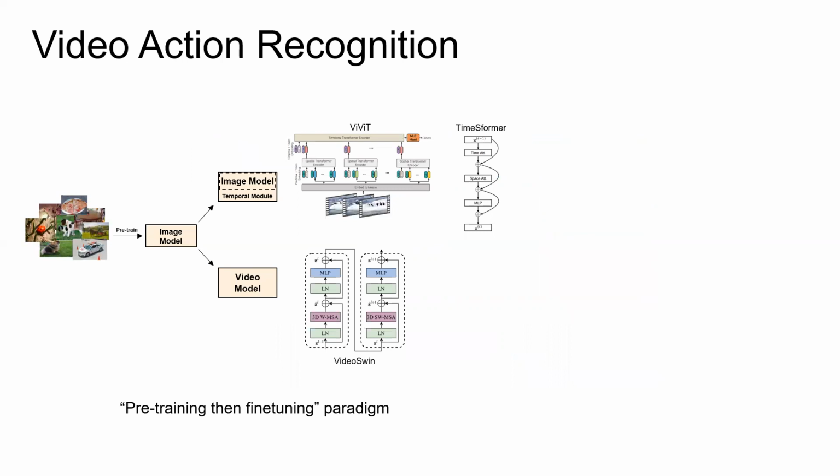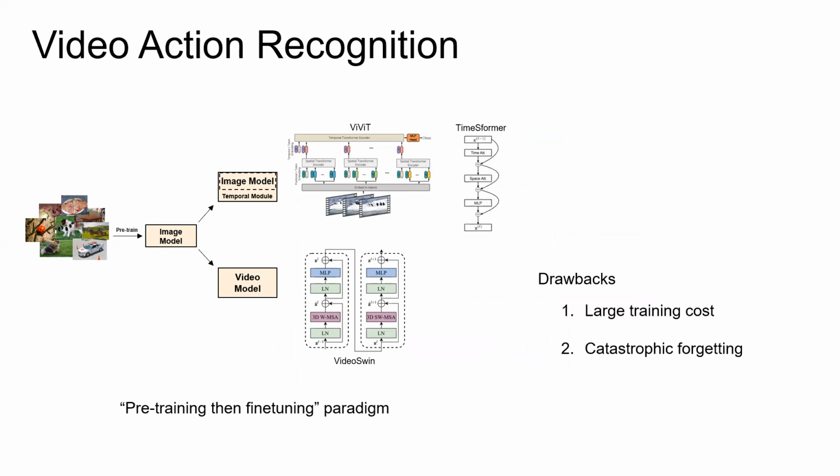In video action recognition, the common paradigm is pre-training then fine-tuning. That is, we first pre-train the image model on image data, and then inflate it into video models, and then train the video model on video data. But there are some drawbacks of this learning paradigm.